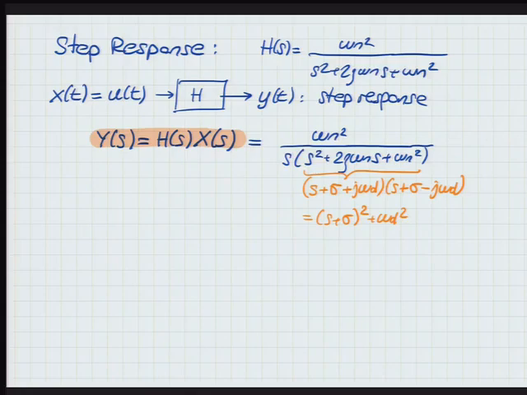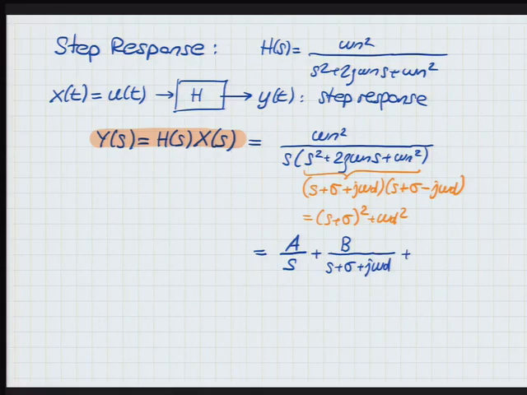For Y(s). So what I'm going to do now is propose a partial fraction expansion. A over s plus B over s plus sigma plus j omega_d, okay?